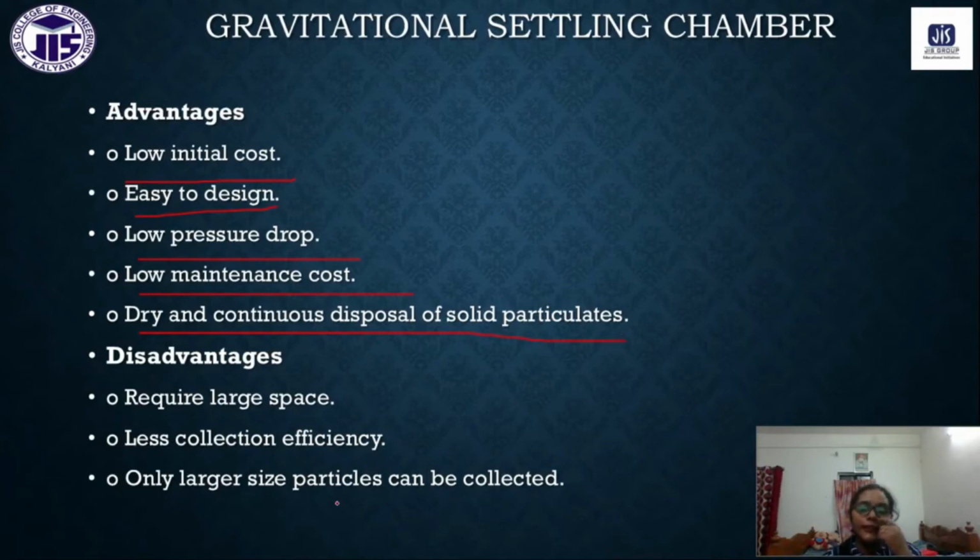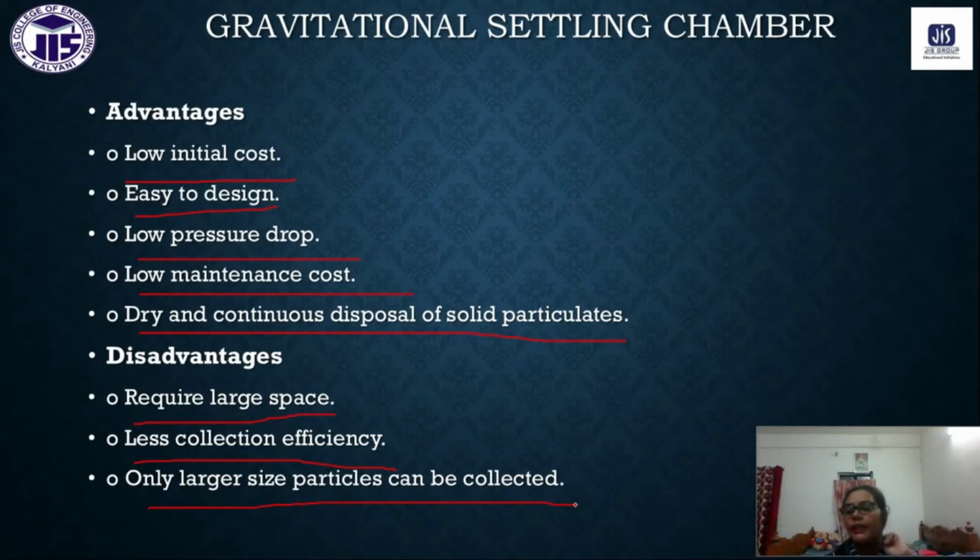What are the disadvantages? It requires large space. The settling chamber has to be very large so that the velocity of the gas can be reduced, which is why we require the large space. Collection efficiency is also less, and only larger size particles can be collected, as by the gravitational force only the large particles will settle down.